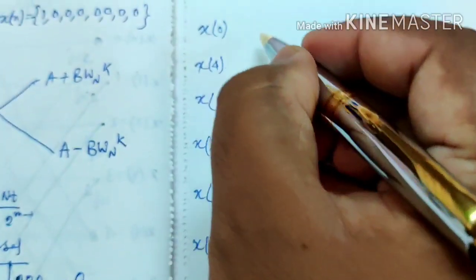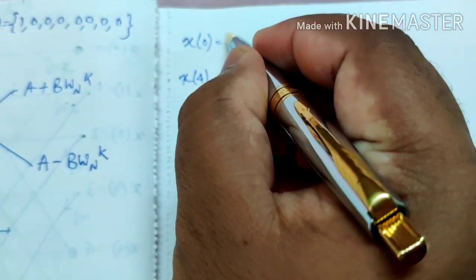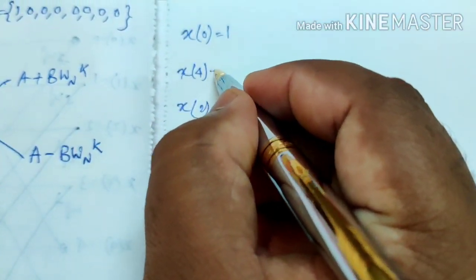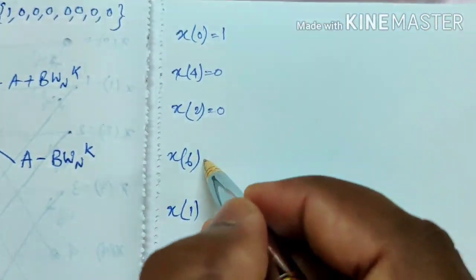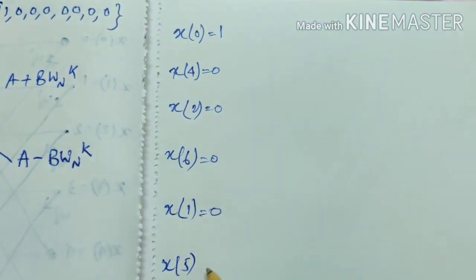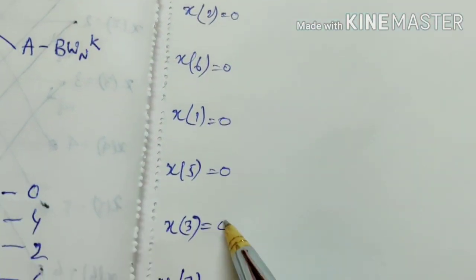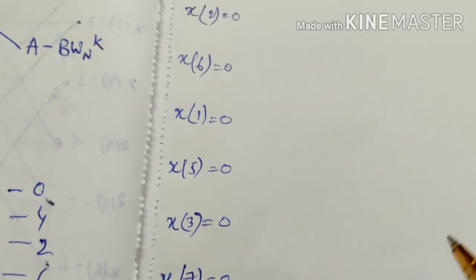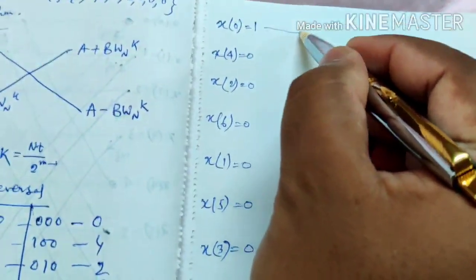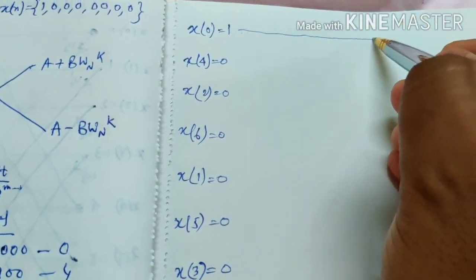So the corresponding values are 1 0 0 0 0 0 0 0. So draw the straight lines.